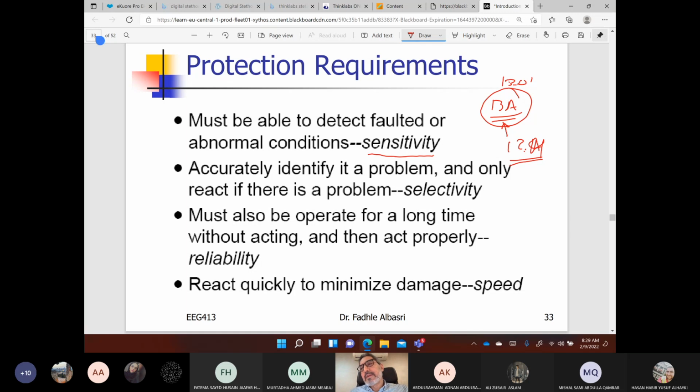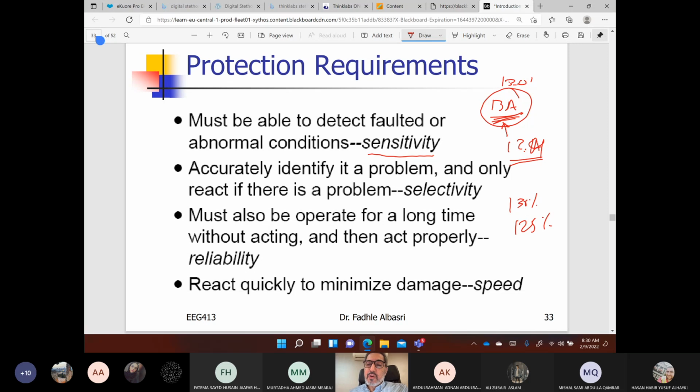Some fuses take 130% higher than the rated value for the fuse to blow within 1 hour. Okay, sometimes some fuses take 125%, some fuses take even higher.